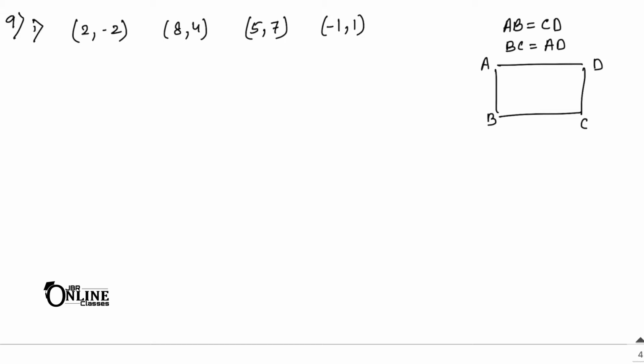So there will be only one difference between them: the diagonals of the rectangle are equal, but in a parallelogram they are not equal. That means you also have to show that AC equal to BD. So first you have to show that two opposite sides are equal, and second you have to show that the two diagonals are also equal.